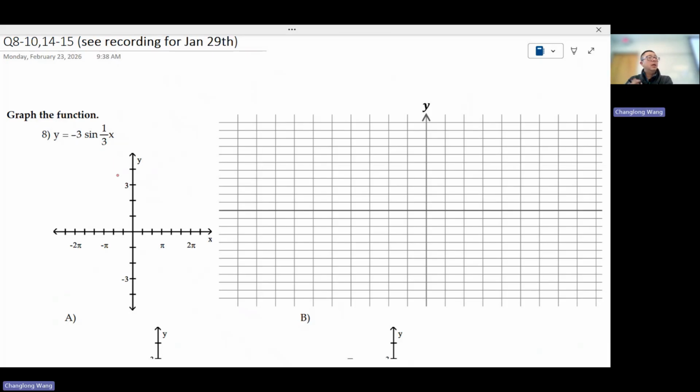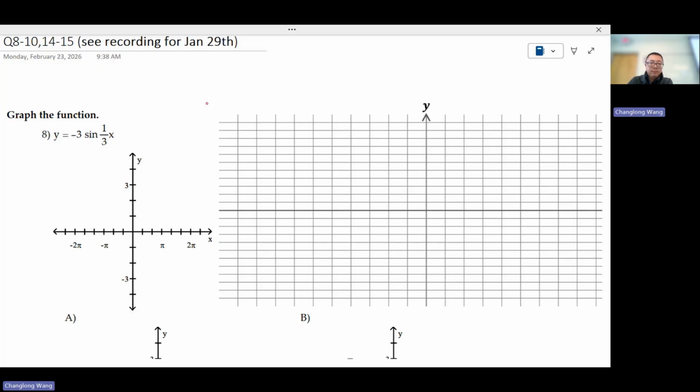Stretching, right? So I think that it's not very likely you guys are going to mess up the vertical transformation. As long as you don't forget it, it's going to be stretched and flipped. It is the horizontal one that sometimes people thought, 1/3 of x, is that shrinking a graph? But the horizontal things are non-intuitive.